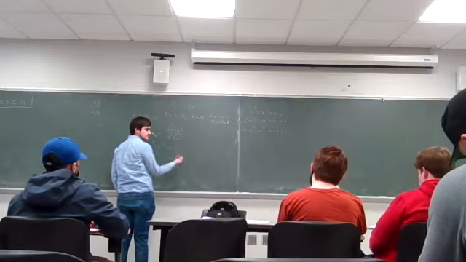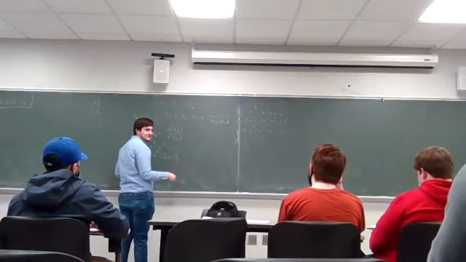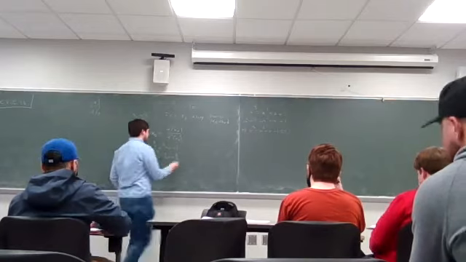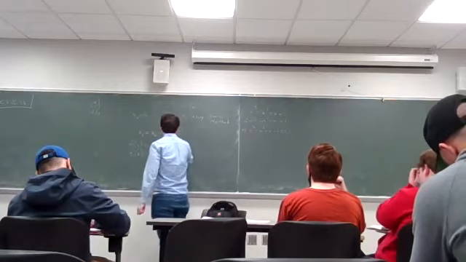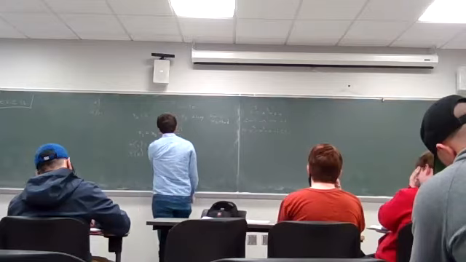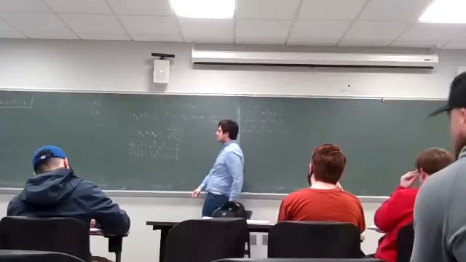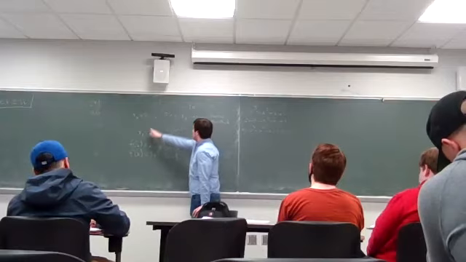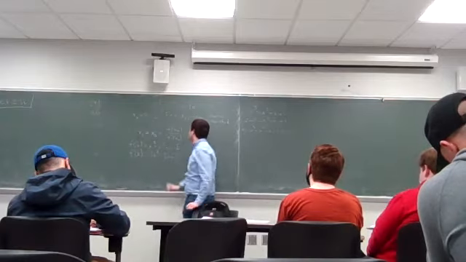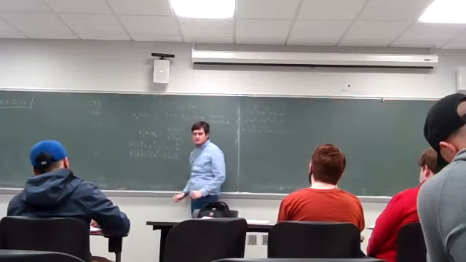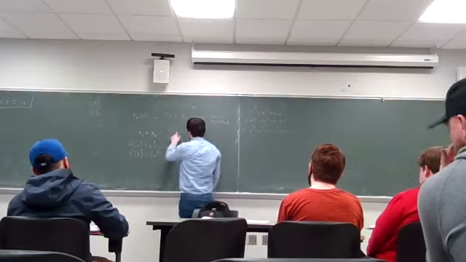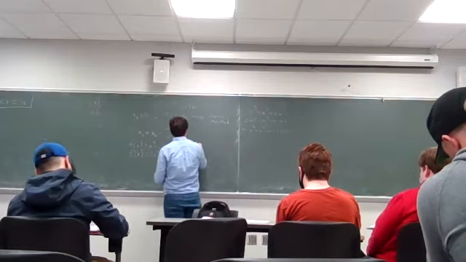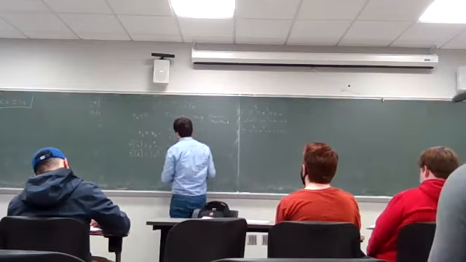Good, so this is our derivative, right? We need x0, which I gave you, just 2. We also need f of x0, so we need to figure out what f of 2 is going to be.